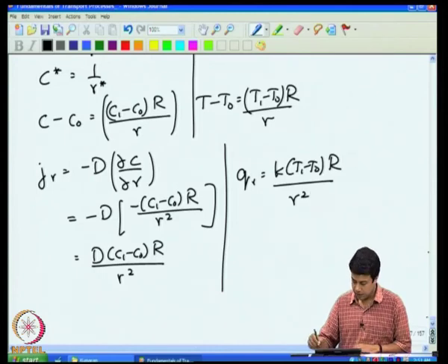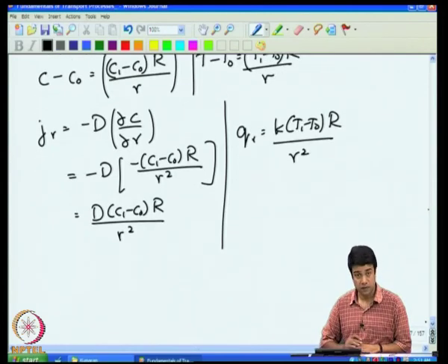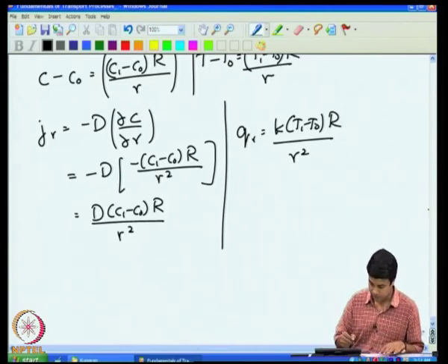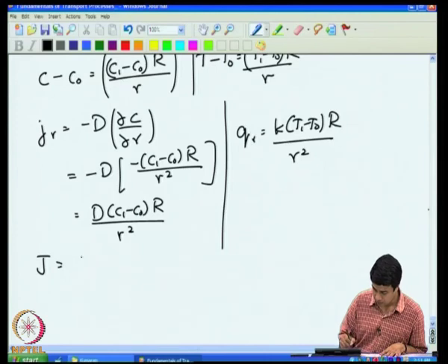Now, the total mass coming out of this particle, capital J, will be equal to 4 pi r square times J r.